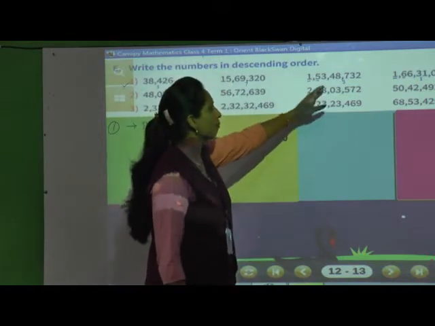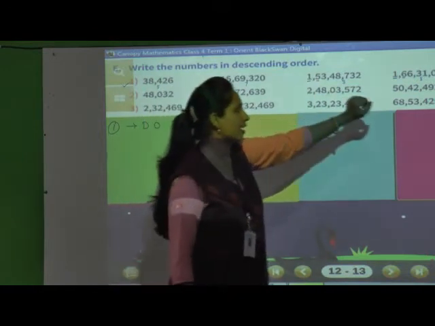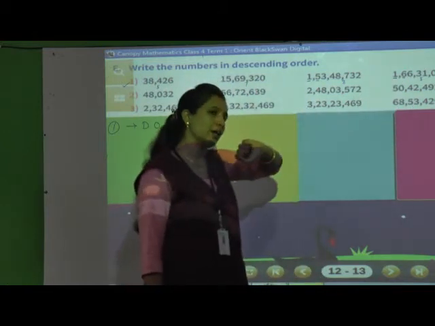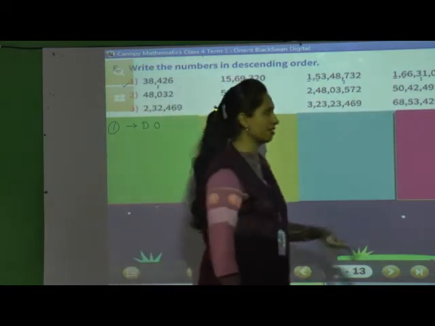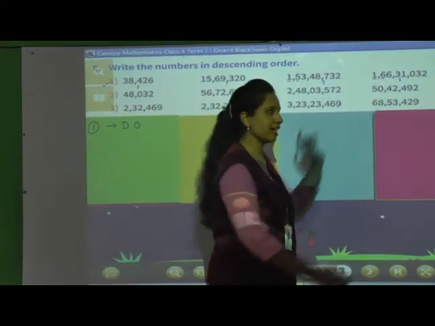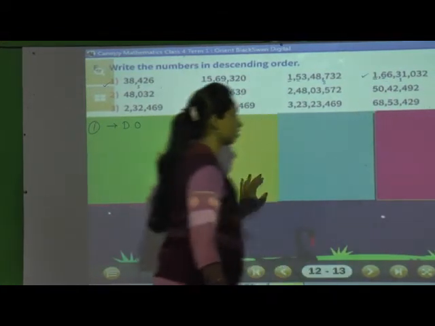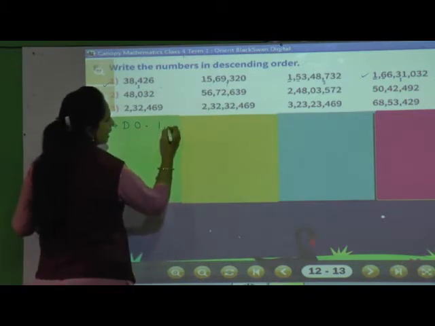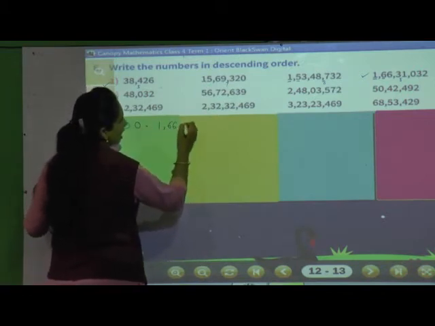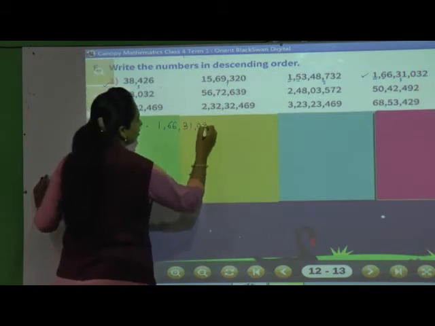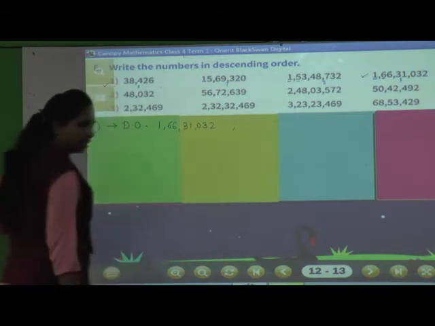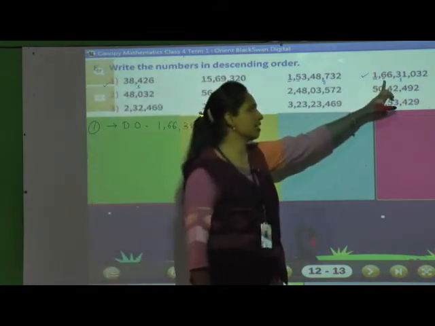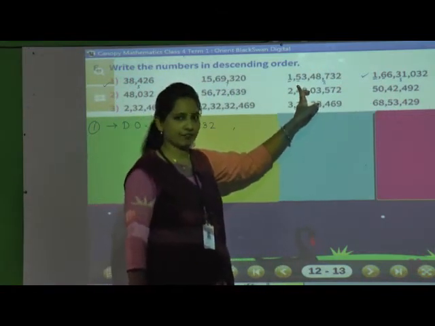See, in this number in the 10 lakhs place 5 is there, and in this number in the 10 lakhs place 6 is there. Now you can tell me which is the largest number? Of course 6. Now we will take this number first, that is 1 crore 66 lakhs 31,032. Understood? Yes.